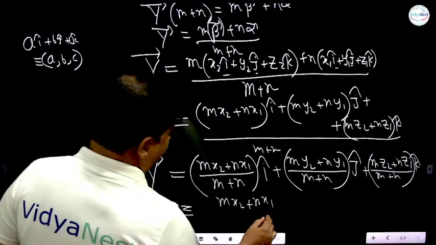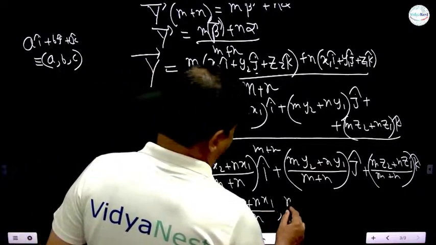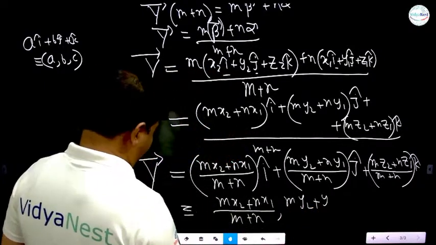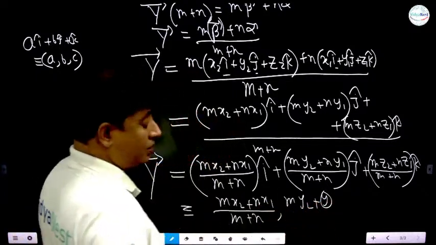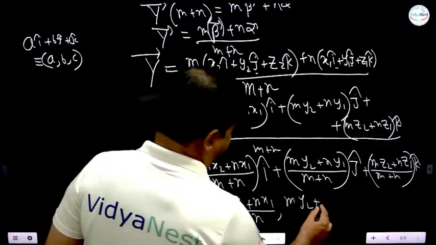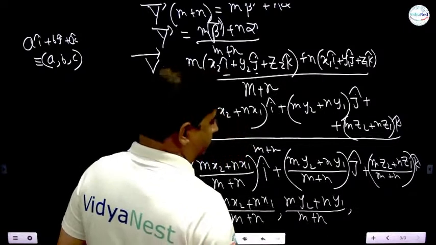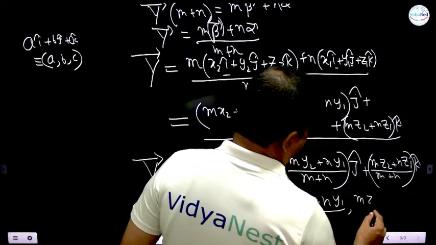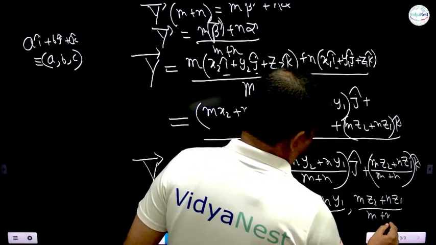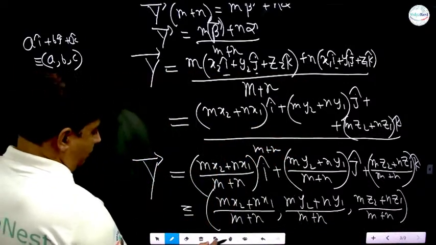I hope you can relate with the section ratio formula of coordinate. Yes or no? Yes, sir. Yes. So once we are following vector, the establishment of this formula becomes so much simpler and interesting. So this is the section ratio formula.